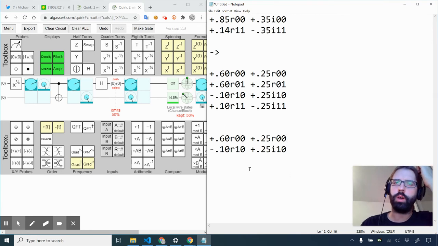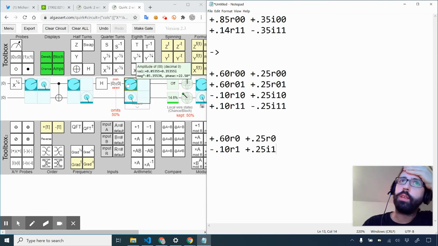And so this is redundant, right? So these things then renormalize and we go back to this state. That's all we had.